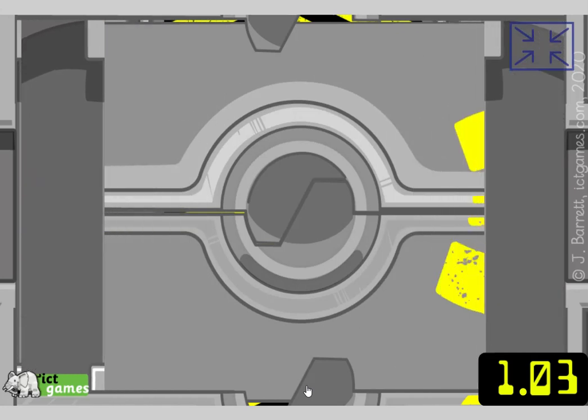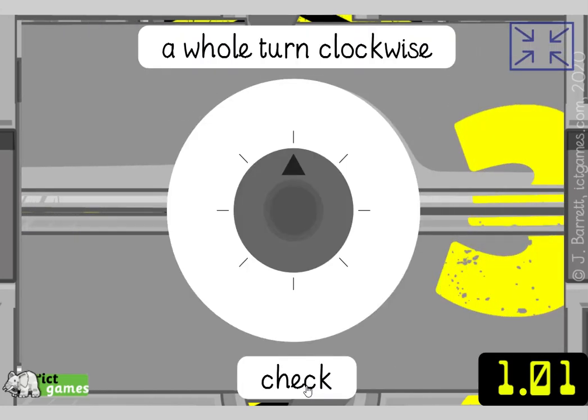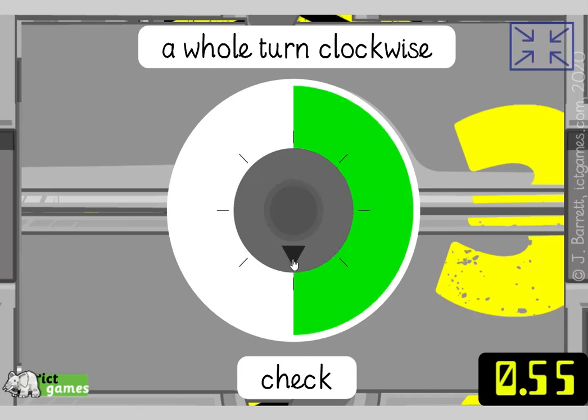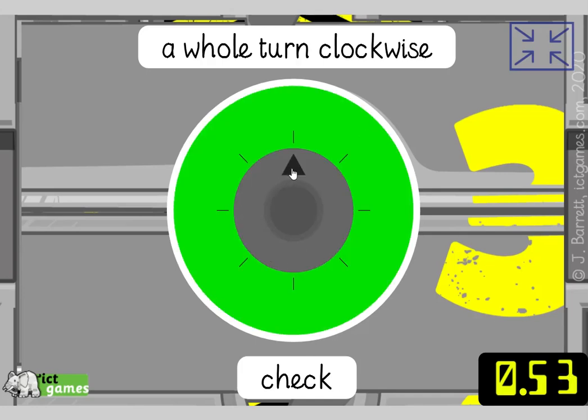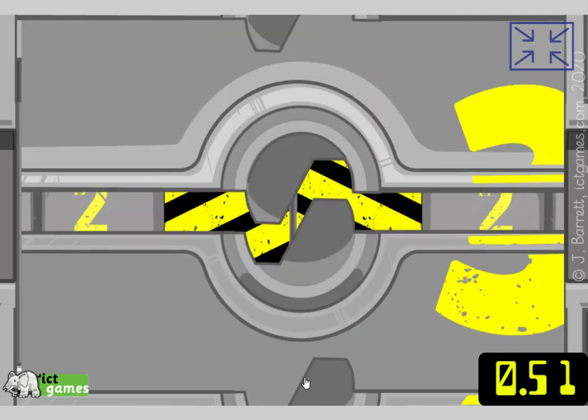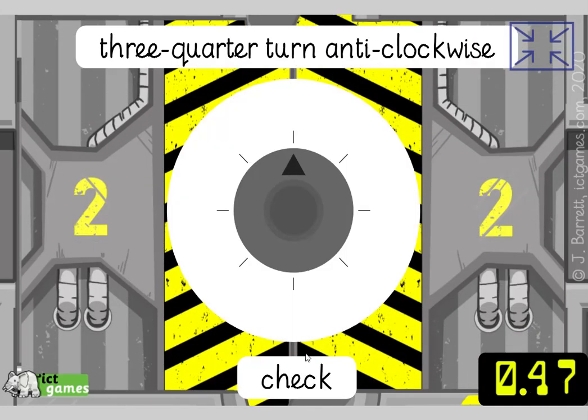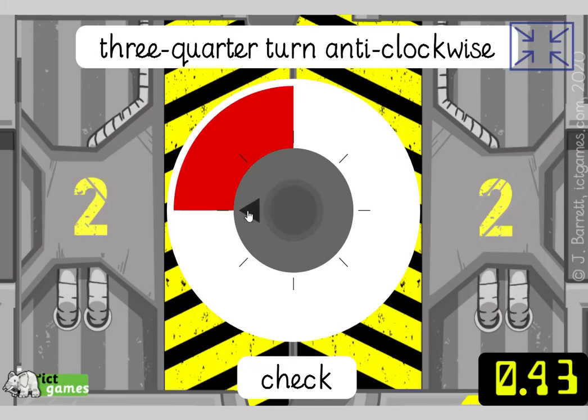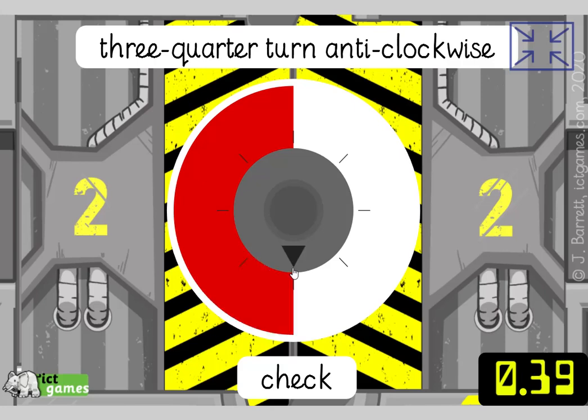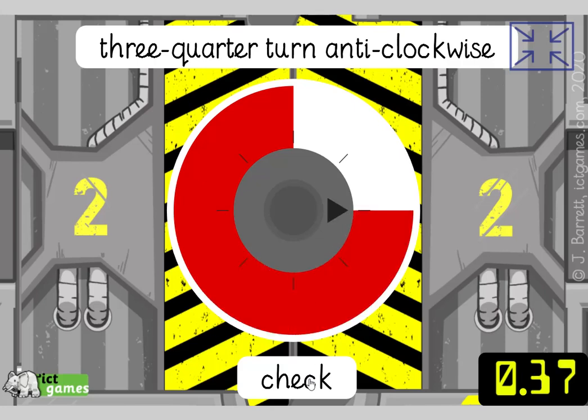This ship will self-destruct in T-1 minutes. A whole turn clockwise, all the way around, the same way that the clock goes, clockwise. 3/4 turn anti-clockwise. This way's anti-clockwise. 1/4, 2/4, 3/4.